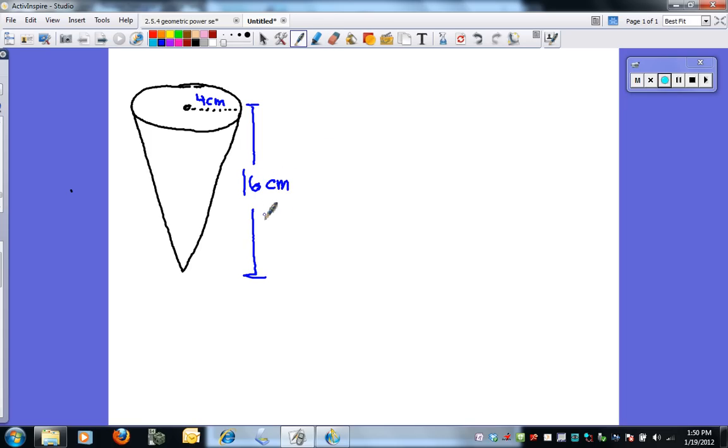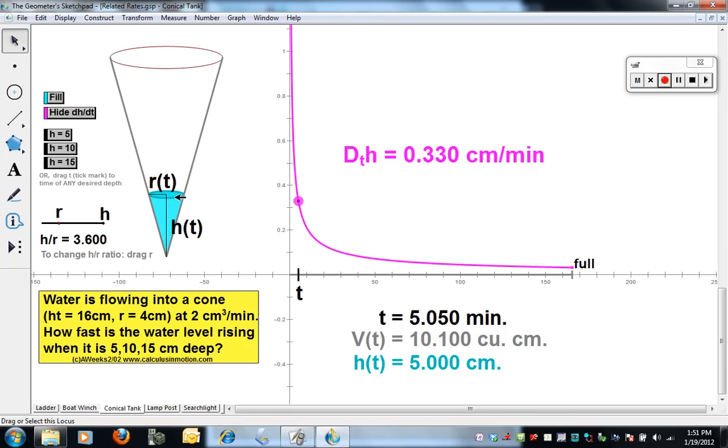The cool thing about cones, a right cone especially, is that, see how this radius is 4 and this is 16 height? So it has a ratio of radius to height. The problem asks us to find when h is 5.